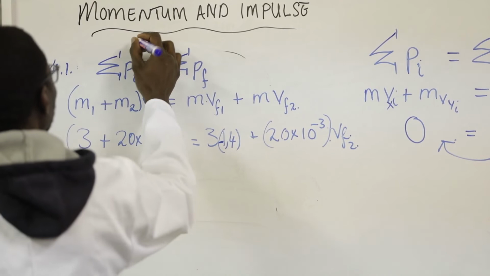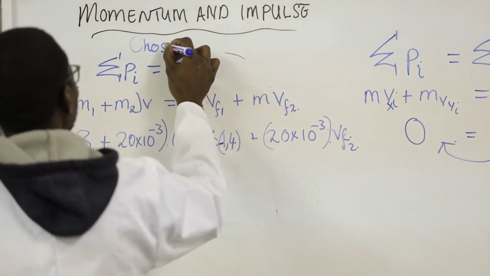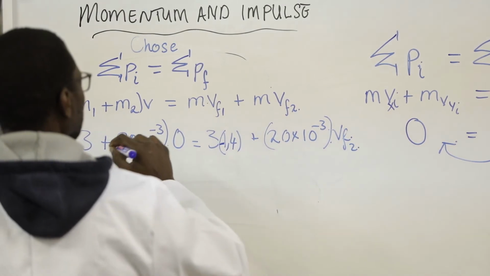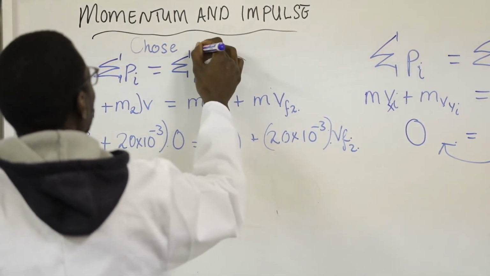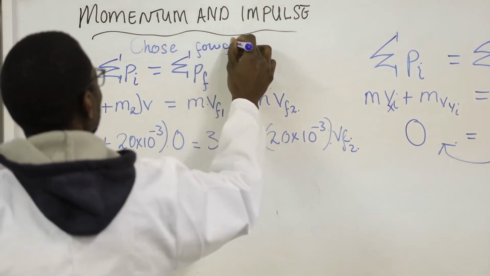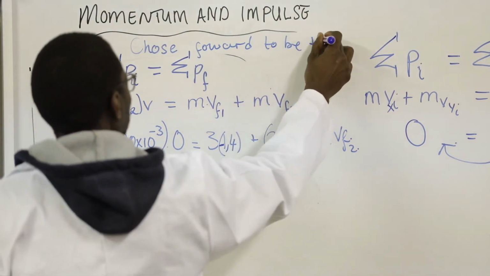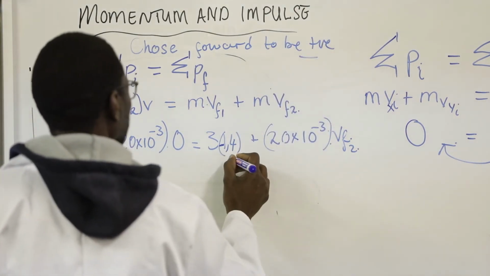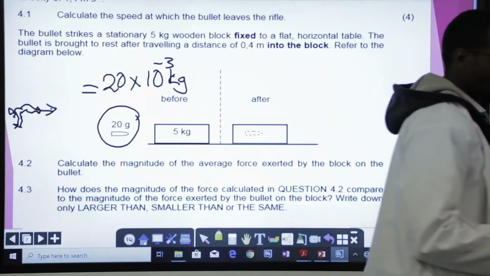So if we are going to choose forward to be positive, because remember vectors have got direction, so my velocity forward will be positive.